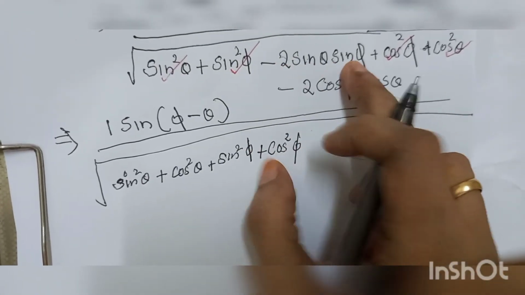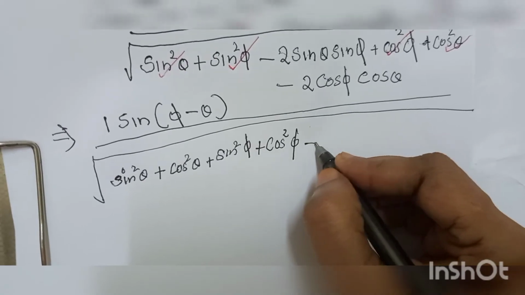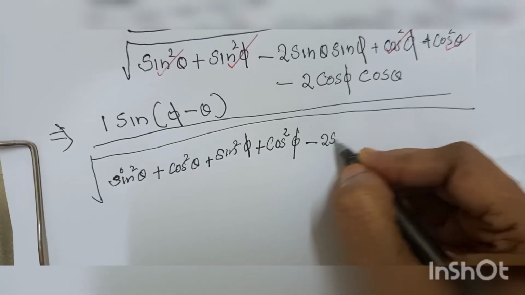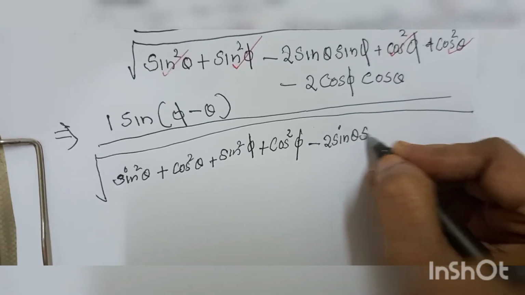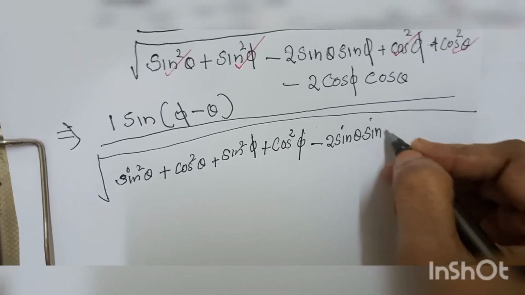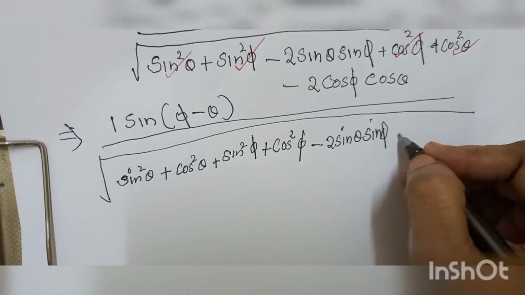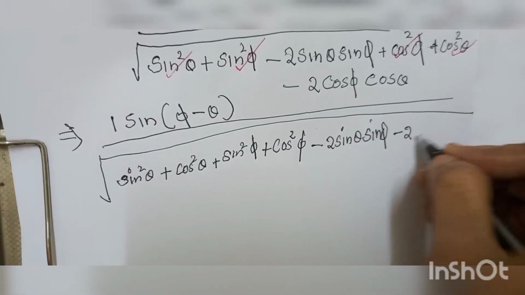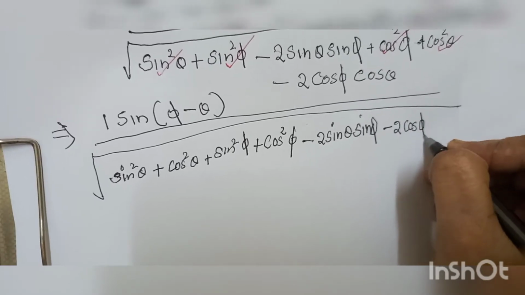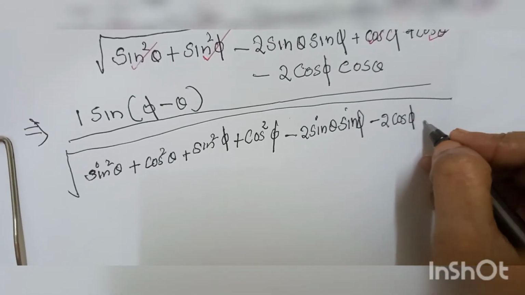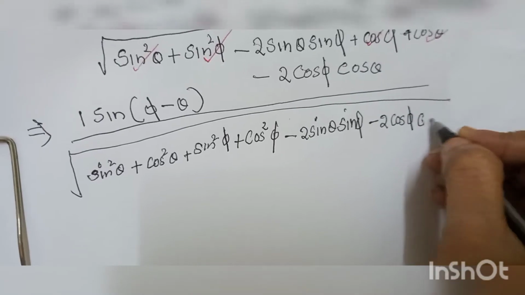Then you have to write the other terms also. Minus 2 sin theta sin phi minus 2 cos phi cos theta.